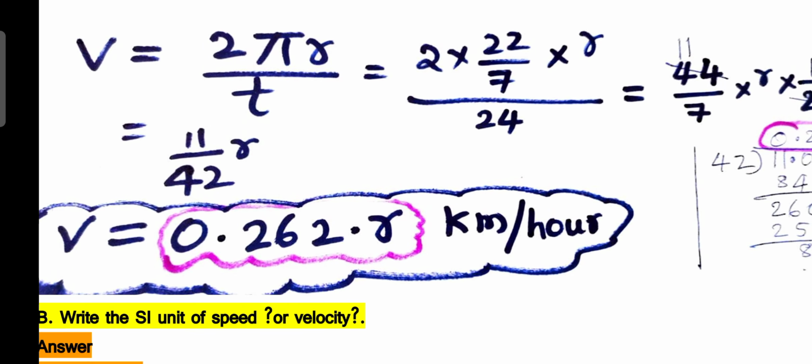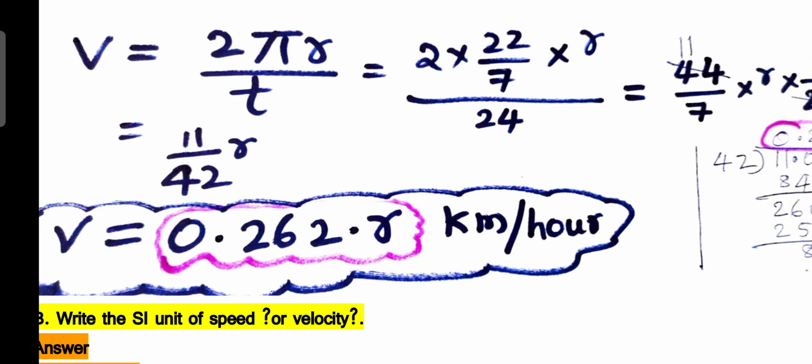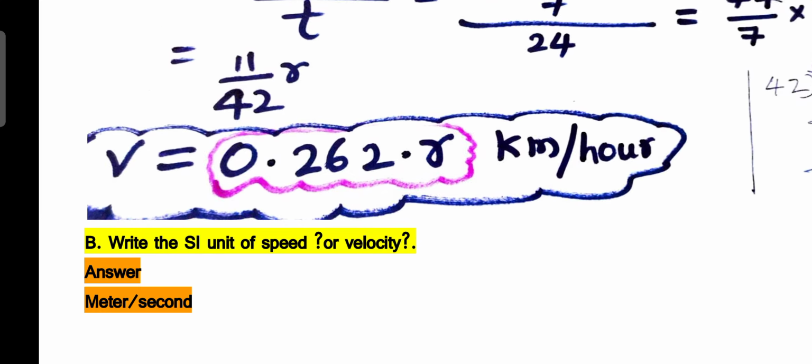That is the final answer. Velocity is equal to 0.262 into r kilometer per hour. If in a problem the r value is given, multiply the value here, or even you can multiply in the earlier steps itself, where you can cancel it and get easier values.